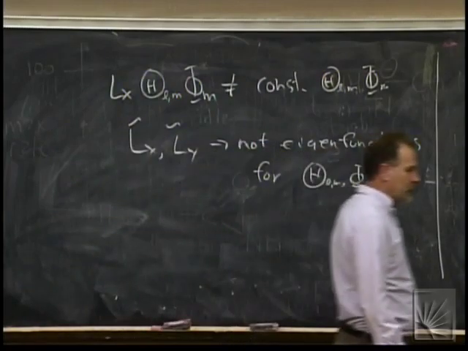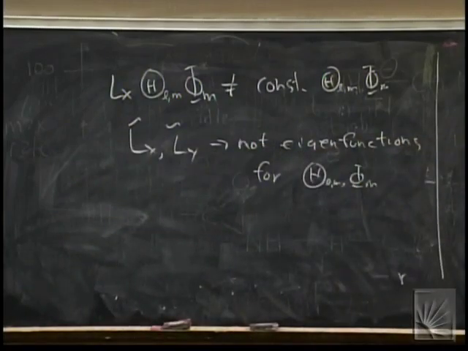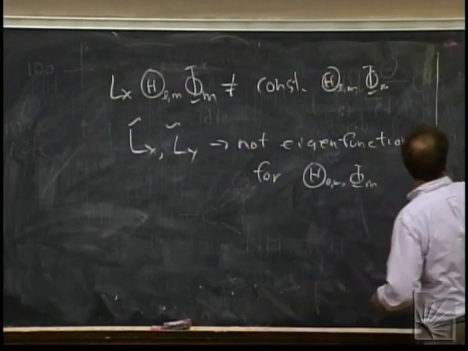The physical statement is kind of weird, and I want you to really wrap your head around this. Let me erase this so I can draw a picture to talk about this.